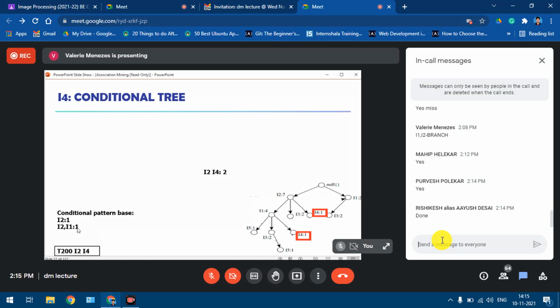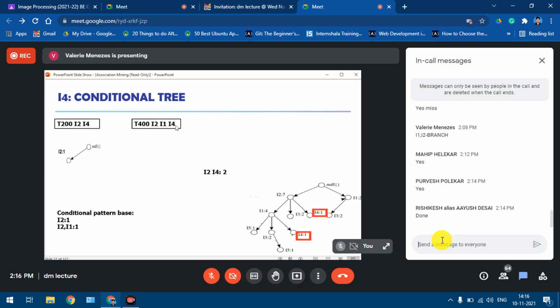Now let us look at the transactions where I4 is in the ending. That means it's not the prefix, it's acting as a suffix. So I2, I4. Since I4 is a suffix, we don't create I4 as a node. We just plot I2 and the count is 1 because we traverse through I2 node only once. Then the next transaction which has I4 is the fourth transaction. Now we have I2, I1, I4.